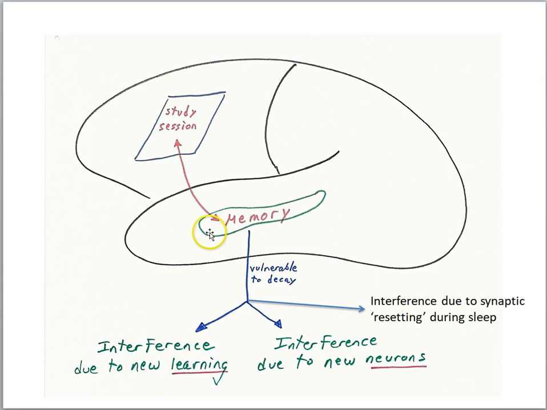Interference due to new learning that happens in the hippocampus, interference due to new neurons, and that's neurogenesis, and then interference due to synaptic resetting during sleep. So for all of these reasons, the idea is consolidation would be a way to get around the interfering effects of these three processes, so that the memory will be transformed in a way that these things will not permanently disrupt the memory.